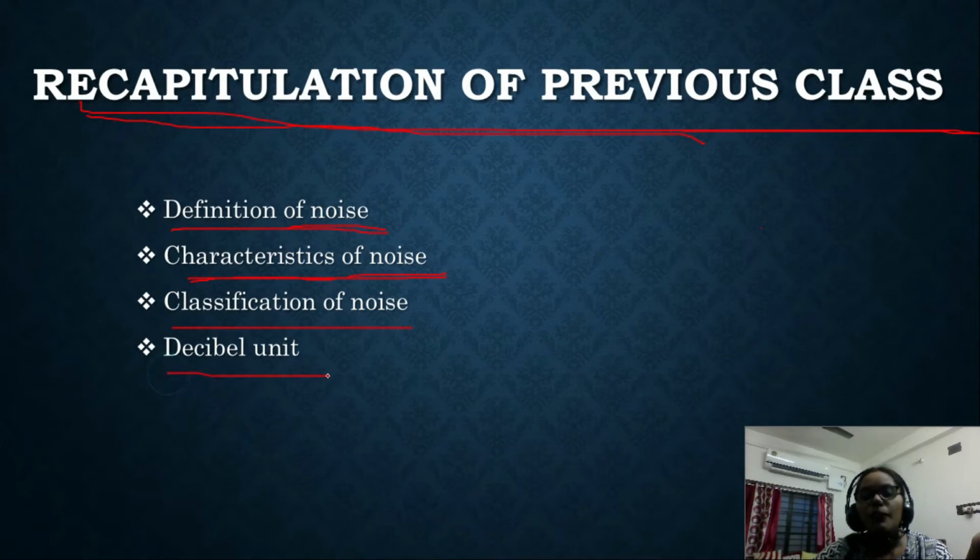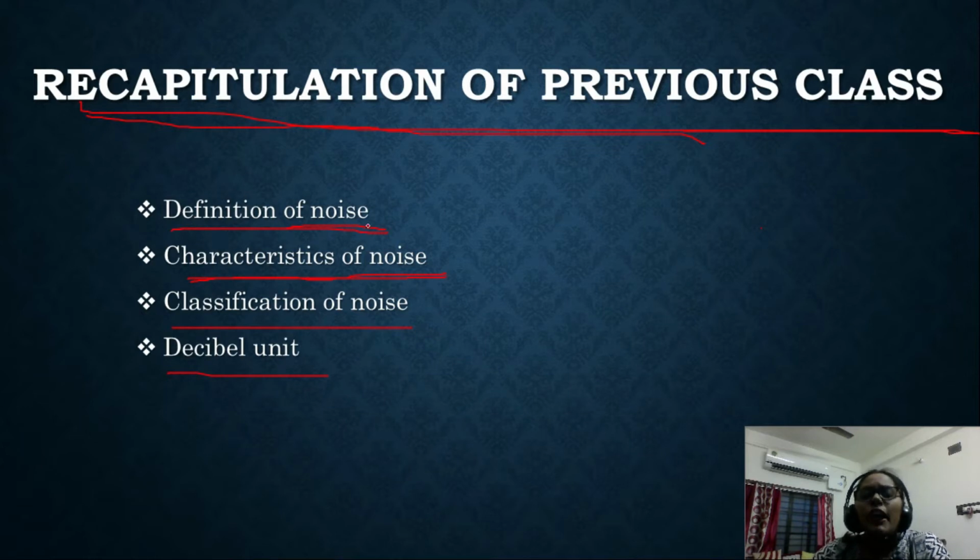We also saw what the decibel unit is, the very renowned unit of the intensity of sound. So these are the topics that we covered in the previous class.